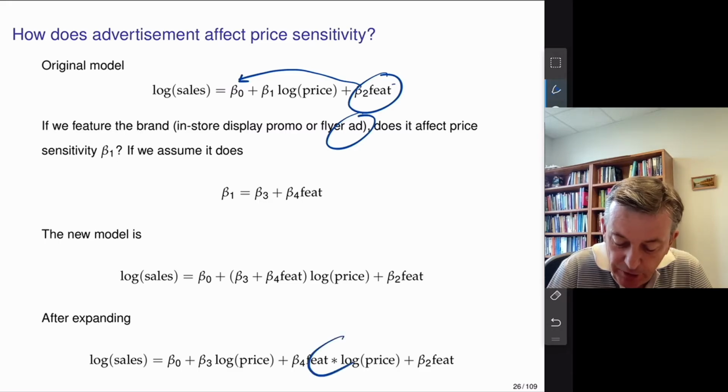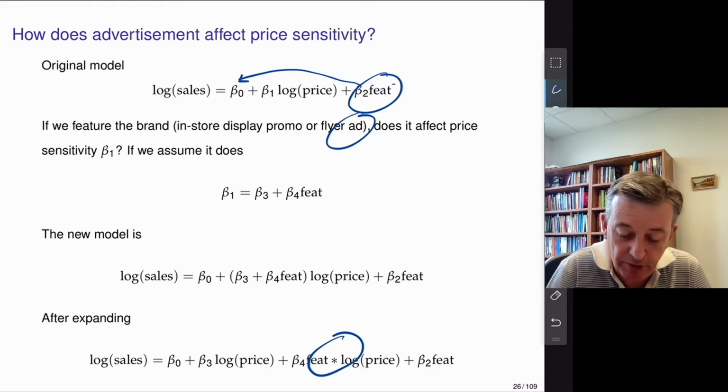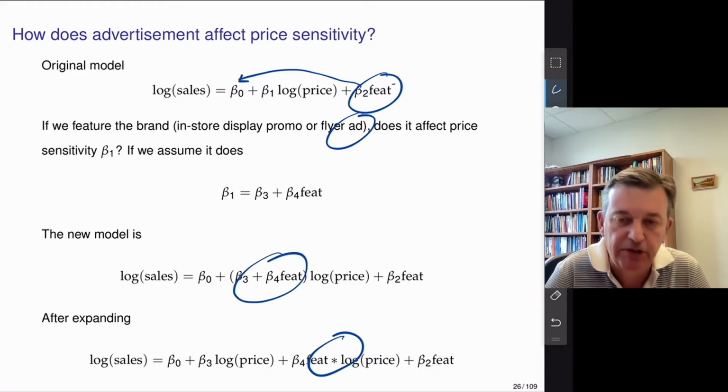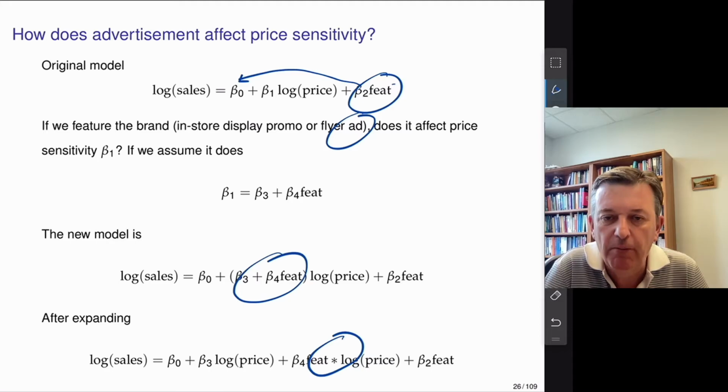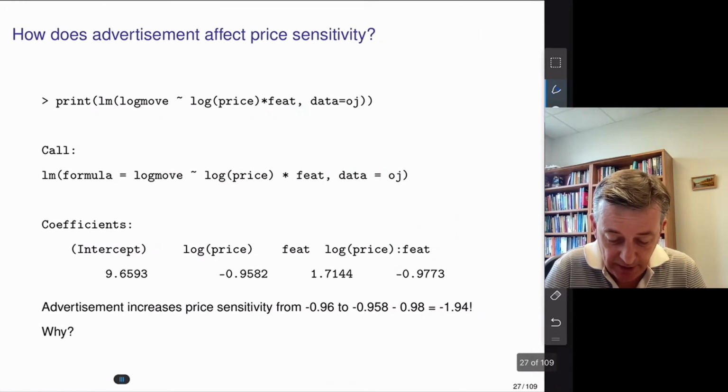And then I can also do the same thing too, that maybe adding the feature changes the price elasticity of the goods. So I can also add in feature times log price as a beta 4 variable. So I can essentially get a regression model where my coefficient is able to switch. So that's another nice clever insight.